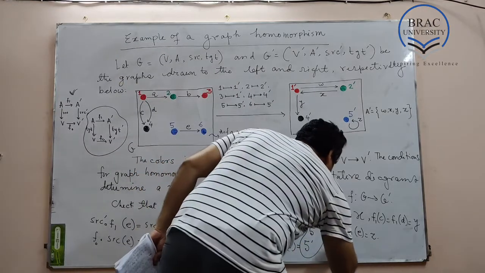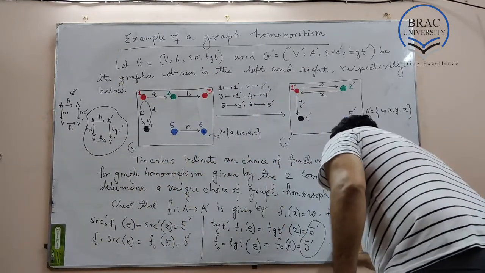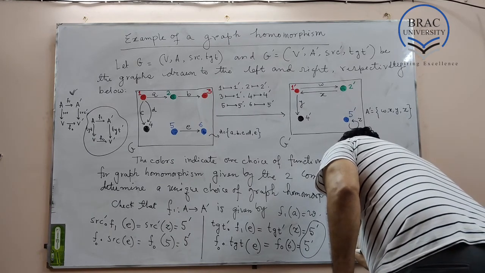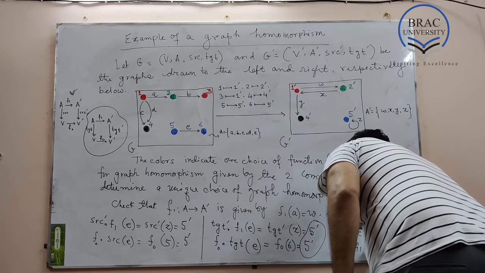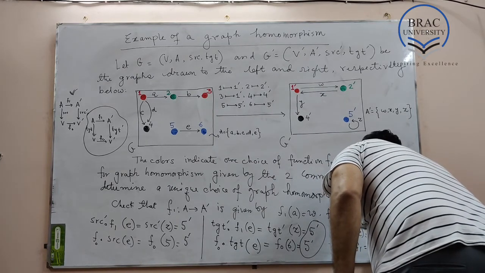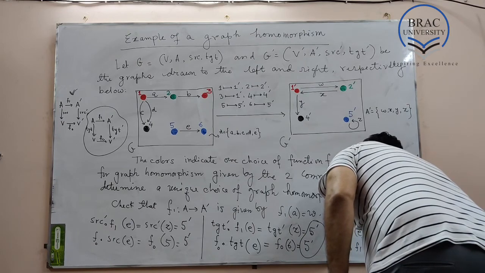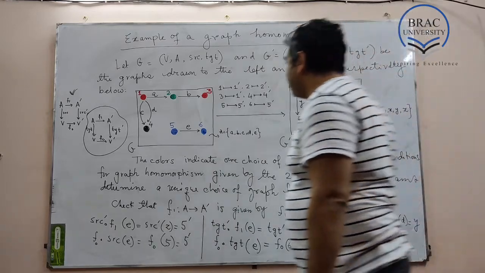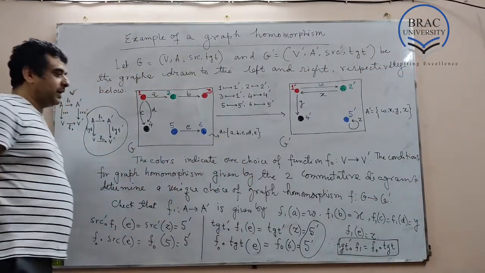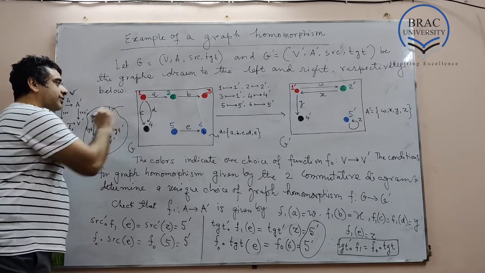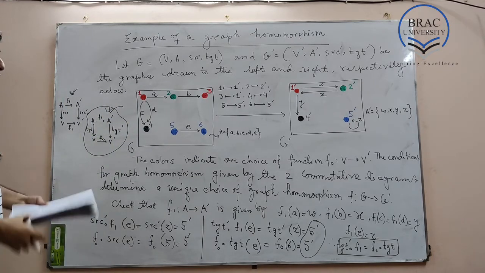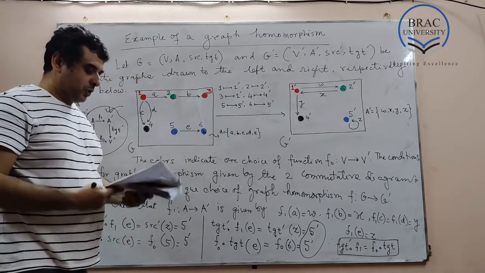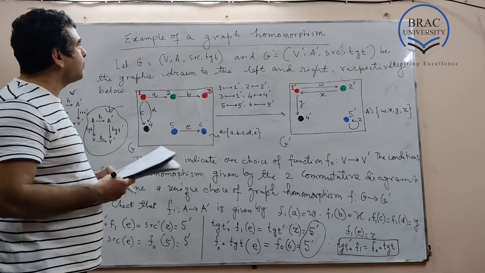Meaning that TGT prime composed with F1 will be equal to F0 composed with TGT for any choice of elements of A. In other words, this diagram will also commute. Okay, this way you check that this mapping is indeed a graph homomorphism. Okay, so that was graph homomorphism.